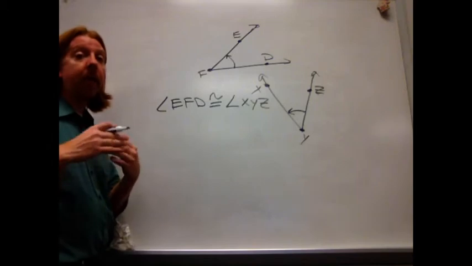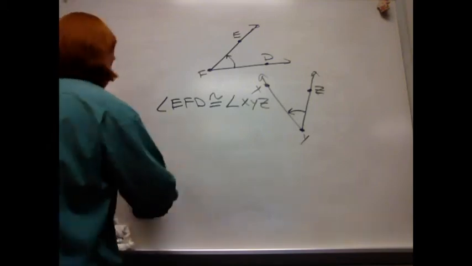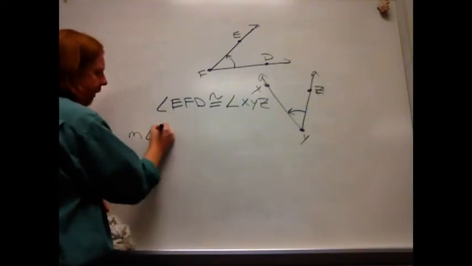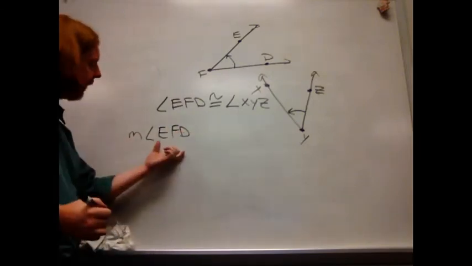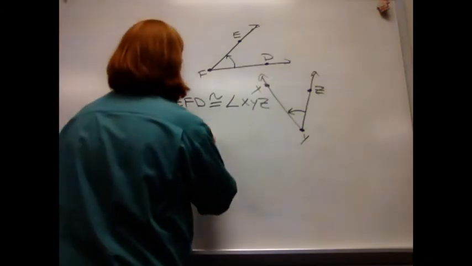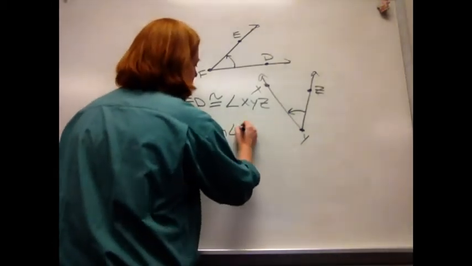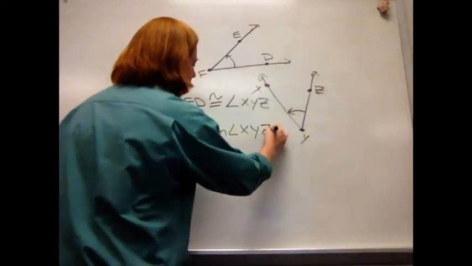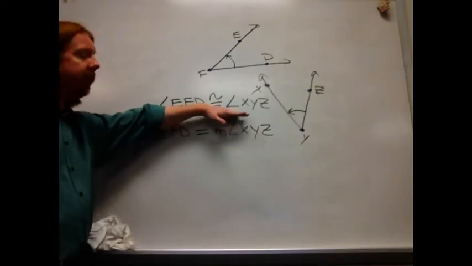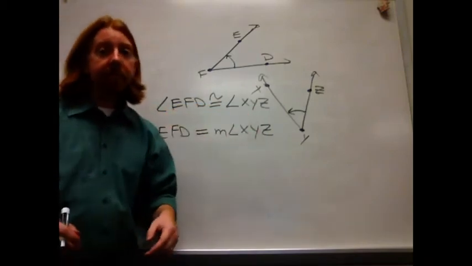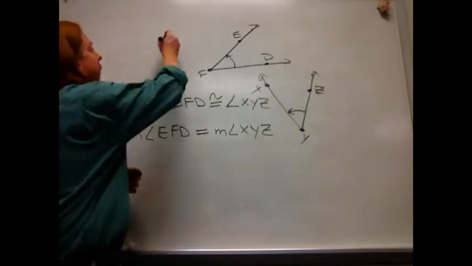Now, I can talk about how their measures are equal. The measure of angle EFD, which is a number, equals the measure of angle XYZ. The measure of an angle is a number, so a number equals a number. That leads me to the idea that they're congruent, that I can apply this term congruent to them.